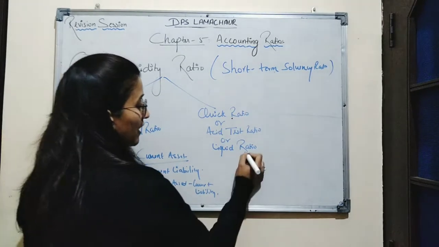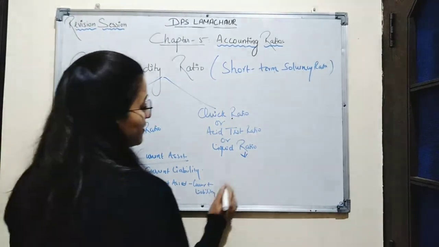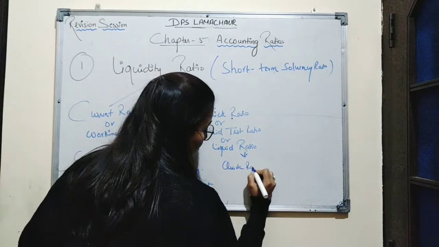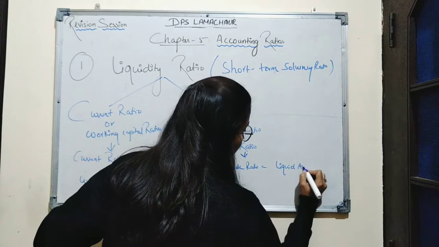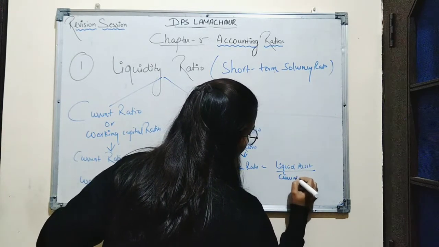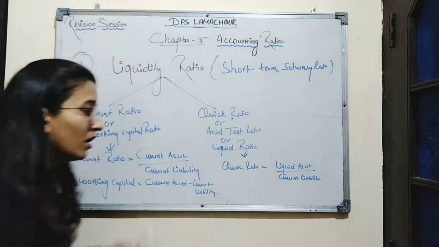Now the formula for calculating quick ratio, acid test ratio or liquid ratio is liquid asset divided by current liabilities.